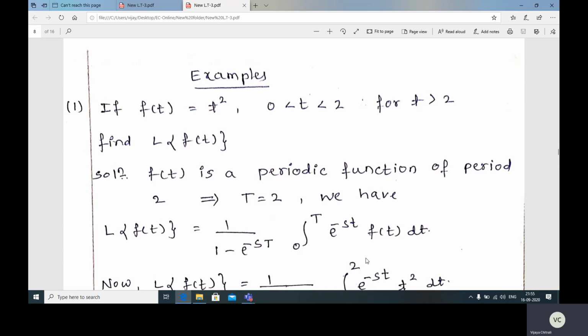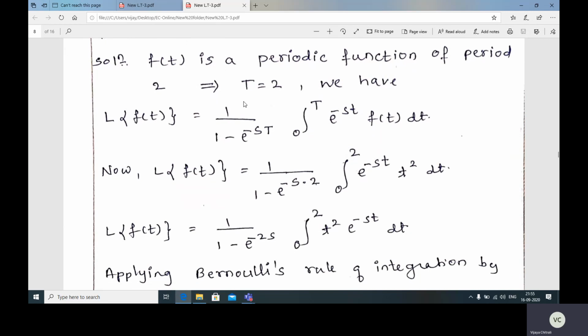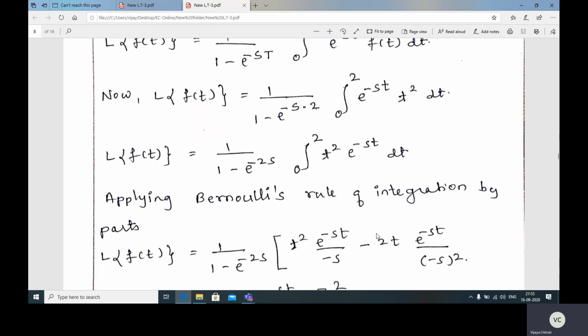Now substitute capital T as 2. The Laplace transform of f of t is 1 divided by 1 minus e raised to minus s into 2, integration from 0 to 2 of e raised to minus st, with f of t being t square, dt, right? So 1 divided by 1 minus e raised to minus 2s, integration from 0 to 2 of t square e raised to minus st dt. Now we have to simplify this, right? We have to solve this.